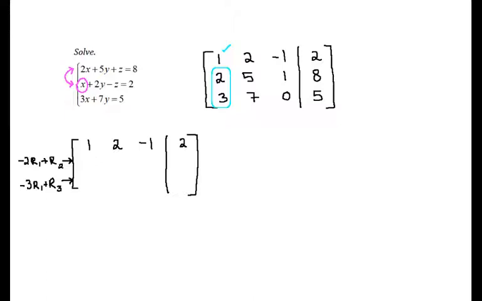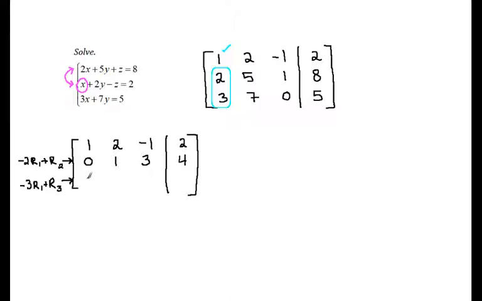So, -2 row 1 plus row 2, that's going to be -2 plus 2 is 0. And then -4 plus 5 is 1. And then +2 plus 1 is 3. And then -4 plus 8 is 4.